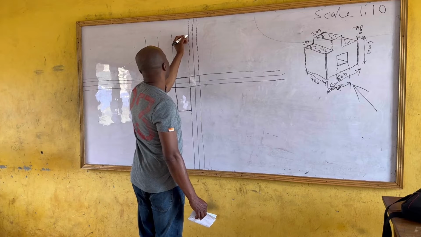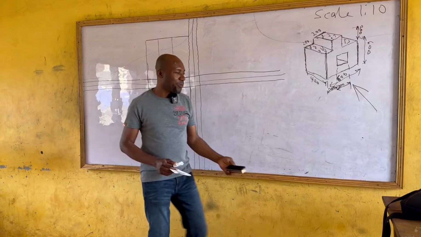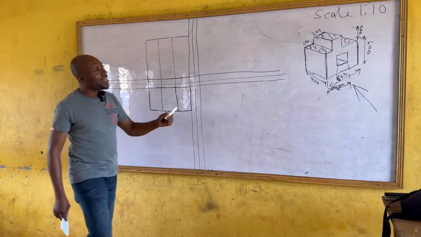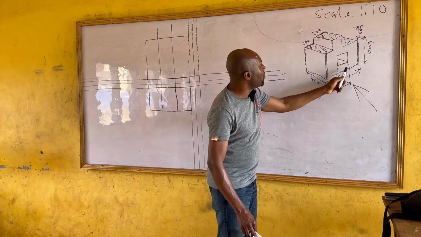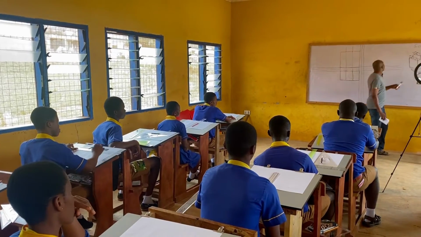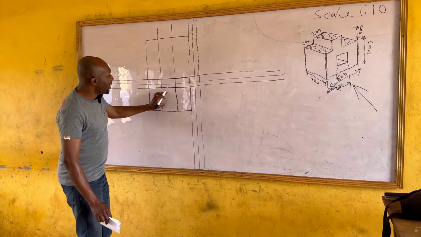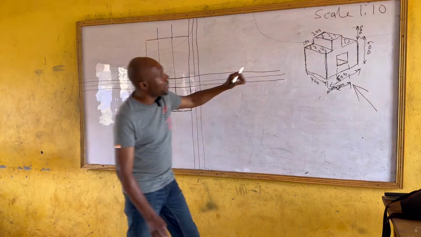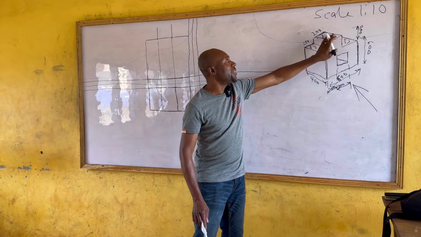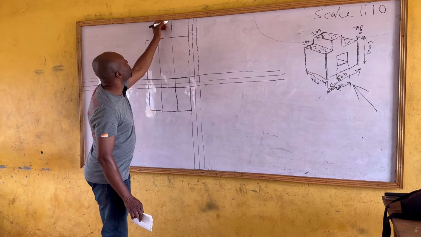So we have this to be 600 millimeters. Then the distance from this side to here is also 200. So this portion or this area is this, the part which is projecting here. So it goes like this. So here you measure your 200 millimeters.